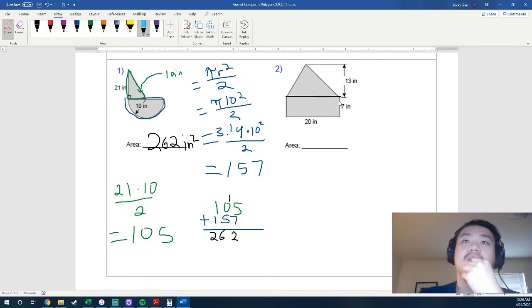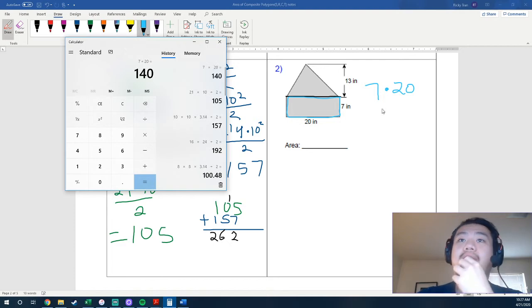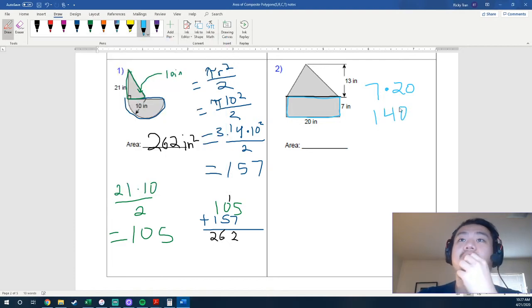Okay. Keep going. Let's do the rectangle first. It's just 7 times 20, 140.